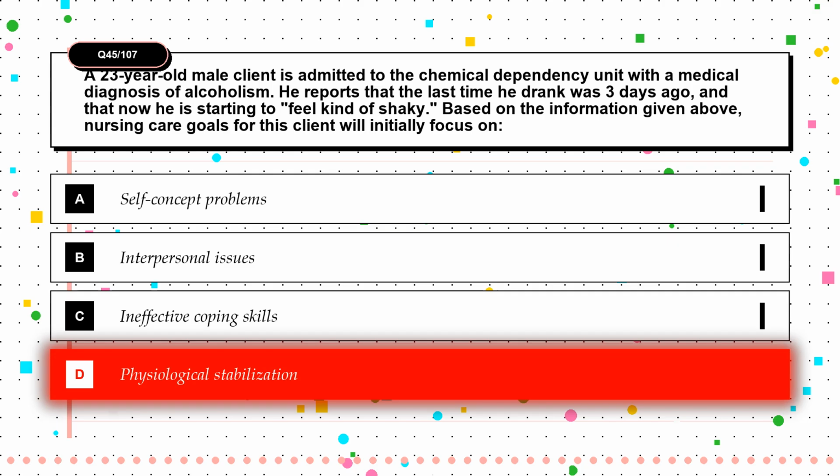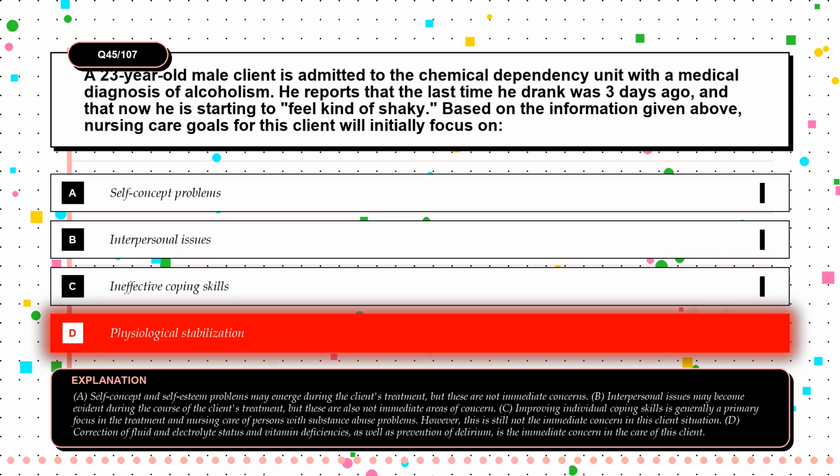The correct answer is option D. Physiological stabilization. A. Self-concept and self-esteem problems may emerge during the client's treatment, but these are not immediate concerns. B. The interpersonal issues may become evident during the course of the client's treatment, but these are also not immediate areas of concern.